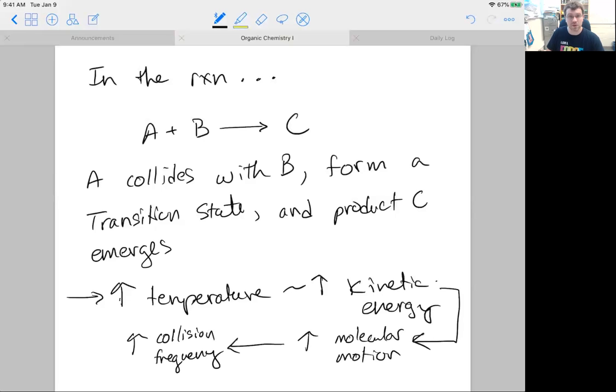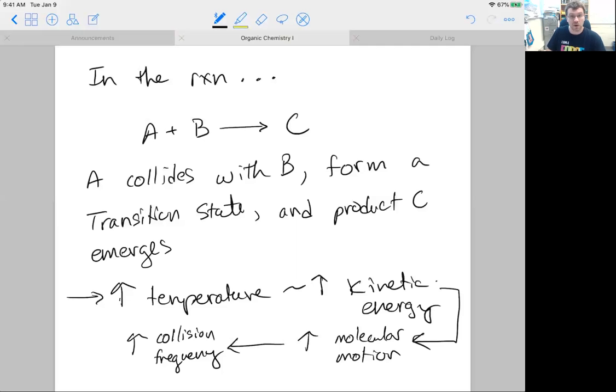As the molecules spend more time moving around, they're more likely to collide. If we have trillions of A and trillions of B, and they're moving a lot more frequently, the probability of A colliding with B to form an appropriate transition state structure is higher.